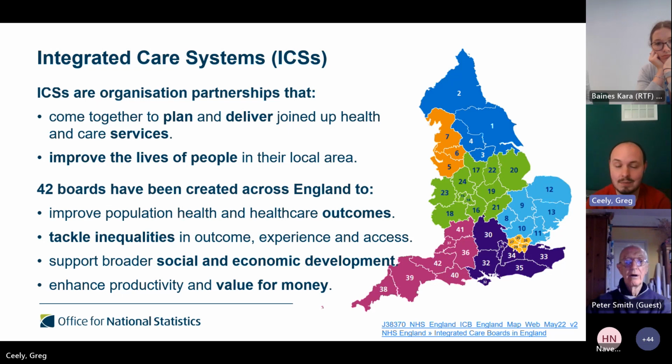ICSs are organisation partnerships that come together in the ways that are described on the slide, and there are 42 in total in England. There are plans underway, in the same way that ICSs are being set up, to have equivalent systems set up across the UK. So for the different devolved administrations, they're in different stages of setting up similar.